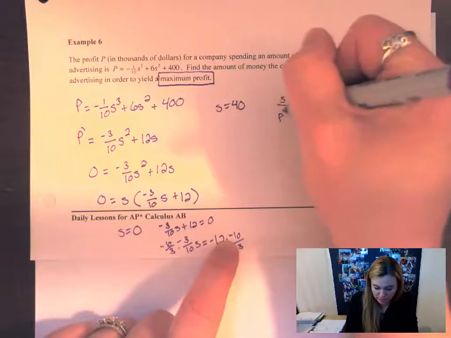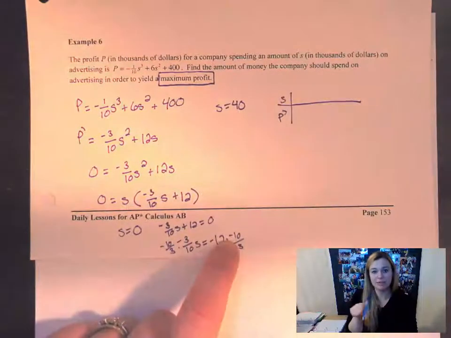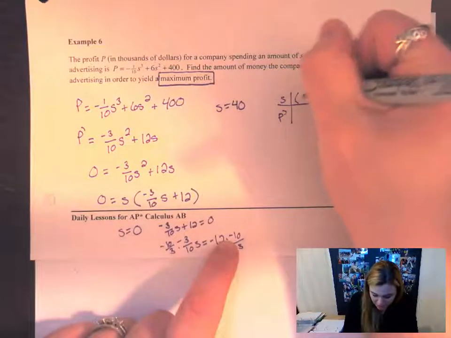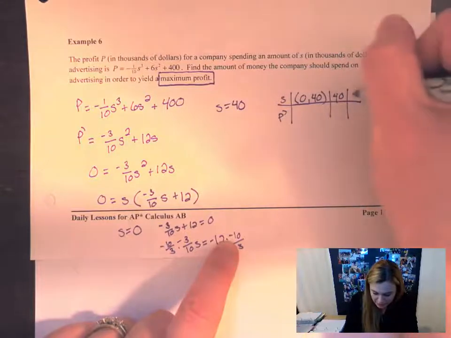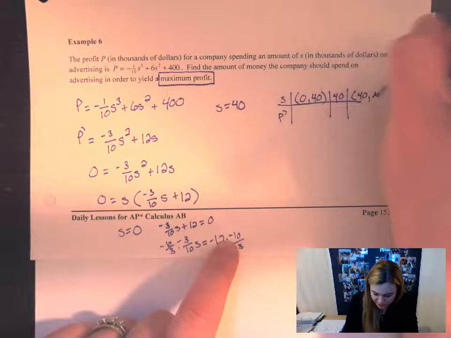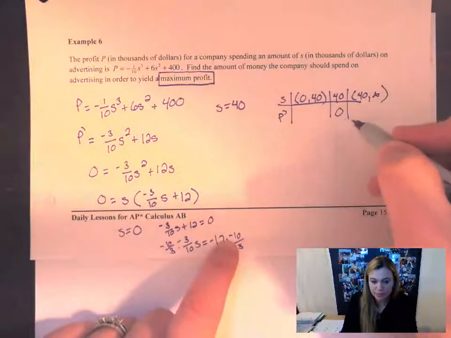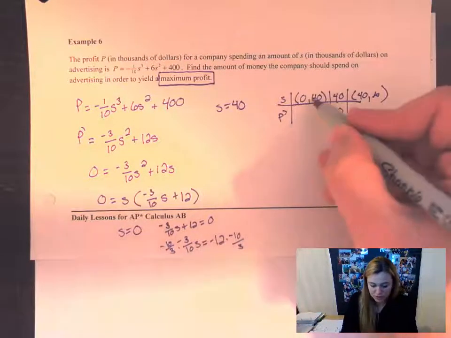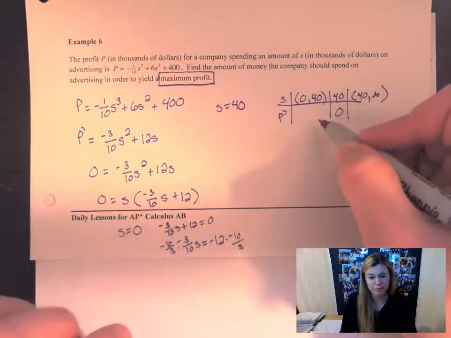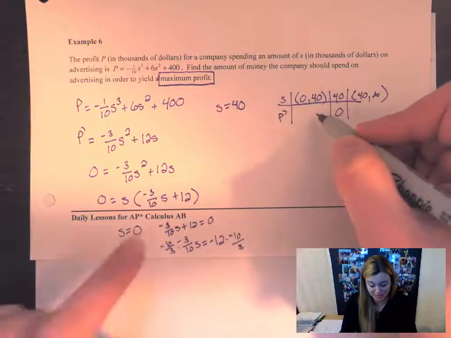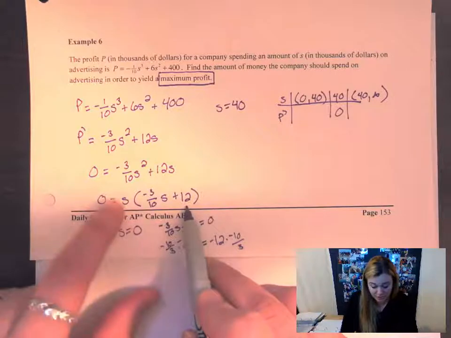Going 0, P prime, and I want my derivative to change from positive to negative if I have a maximum. But let's check. I'm going to go 0 to 40, 40 to infinity. I know at 40, when s was 40, P prime was 0. And then I want to say, okay, well, 0 to 40, I'm going to substitute in my favorite number. My favorite number from 0 to 40 is 3, but I'm going to substitute in 1 just because that's usually a little bit easier. Negative 3/10 plus 12 will be positive.